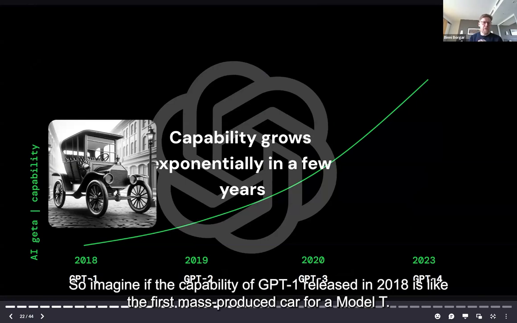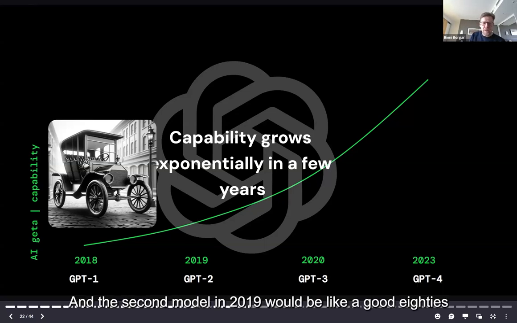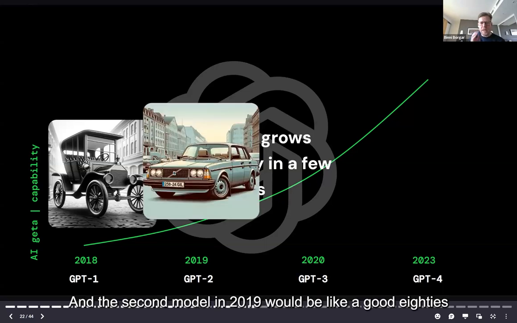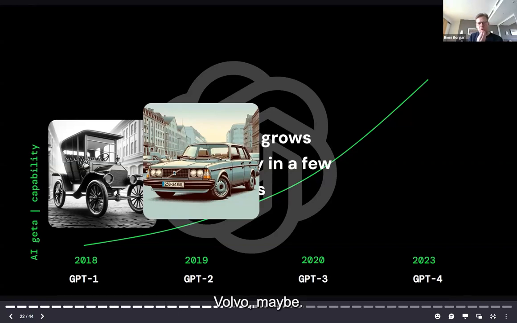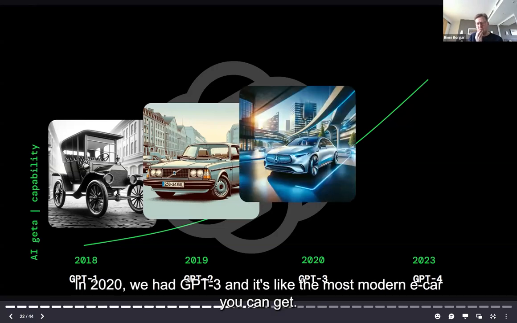So imagine if the capability of GPT-1 released in 2018 is like the first mass-produced car, Ford Model T. And the second model in 2019 would be like a good 80s Volvo, maybe. It's a much better car. In 2020, we had GPT-3, and it's like the most modern e-car you can get.